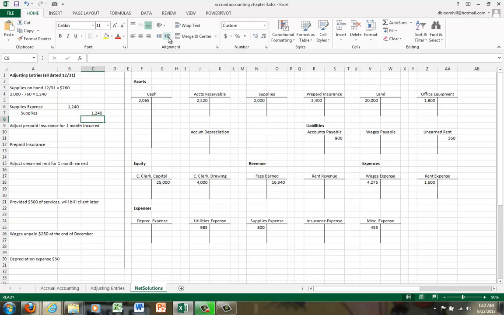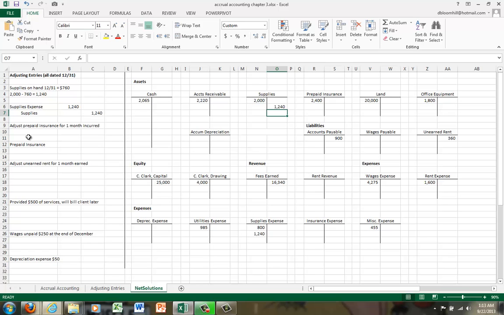Even adjusting entries are journal entries, so they still have to balance. If they don't balance, your adjusted trial balance will not balance. So first we post a $1,240 debit to supplies expense. Then we post a $1,240 credit to the supplies account. And we have now posted adjusting entry number 1.